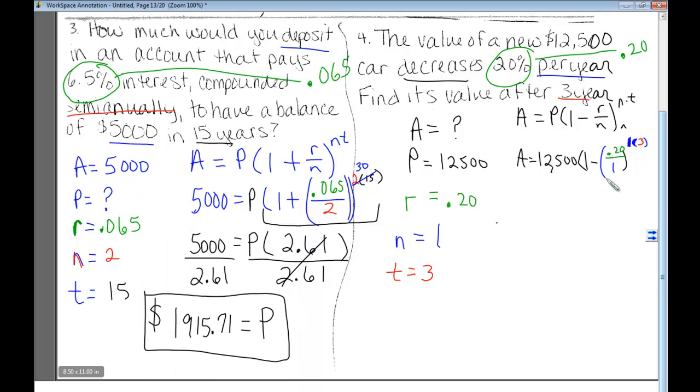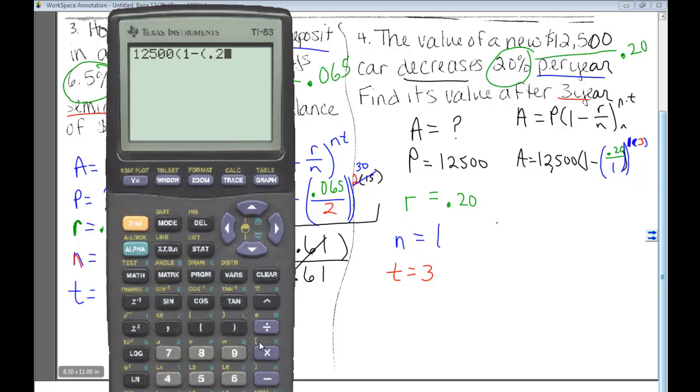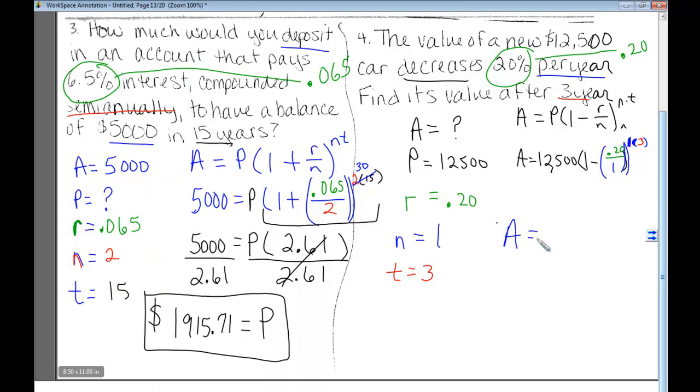Again, to be calculator ready, I have to have a double set of parentheses here. 0.2 divided by 1 in parentheses, close parentheses, raised to the 1 times 3 is 3. And our car, 3 years later, is only worth $6,400. That's sad. This concludes the last flap of your foldable.